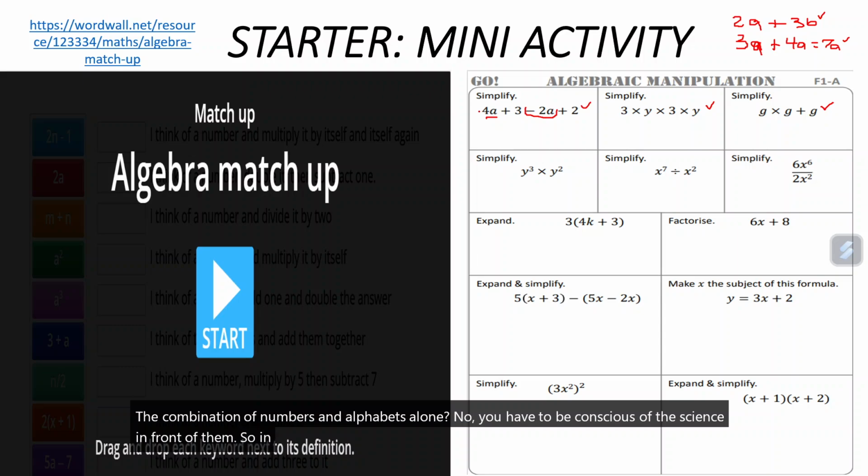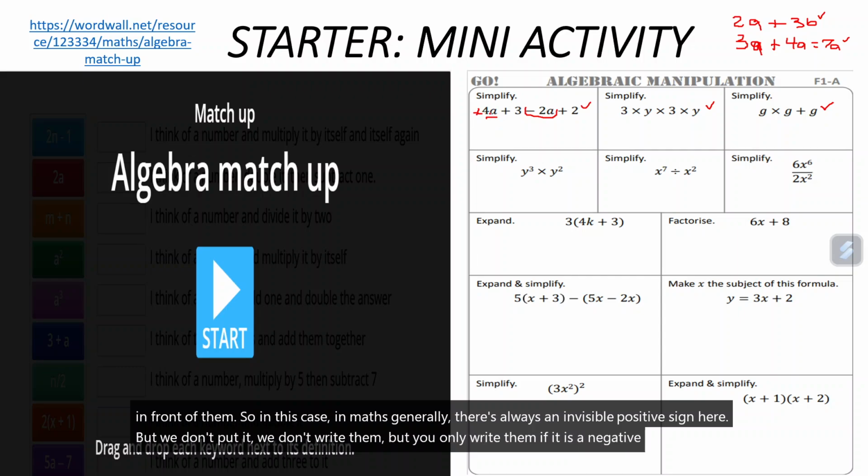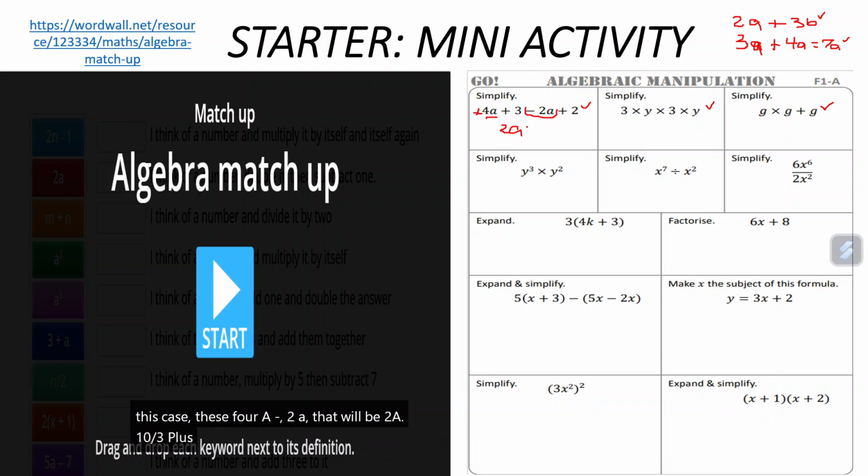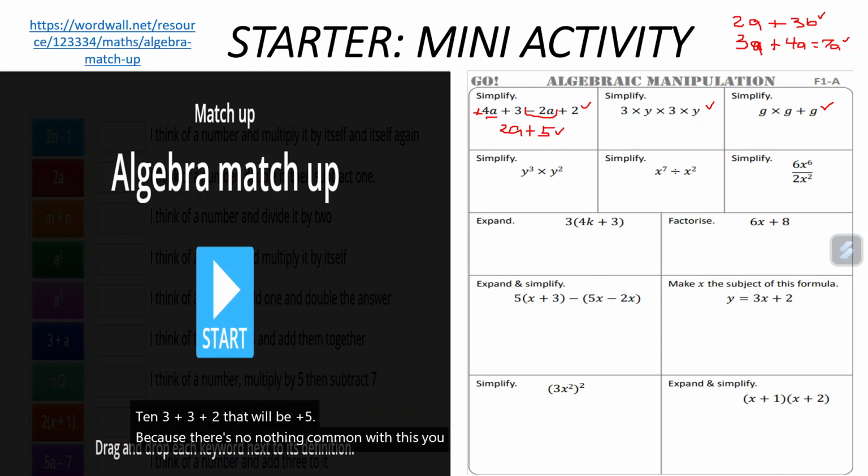In maths generally, there's always an invisible positive sign here, but we don't write it; you only write it if it is a negative sign. So in this case, 4a minus 2a will be 2a. Then 3 plus 2 will be plus 5. Because there's nothing common with this, you have to stop there.